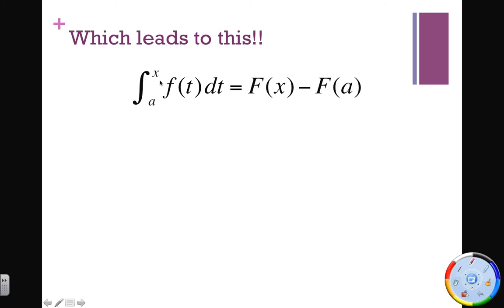Now, we could actually put a b in here. It's big F of b minus big F of a, and it's going to help us evaluate integrals. I always say antiderivatives sometimes. It's going to be able to help us evaluate integrals using a basic antiderivative.